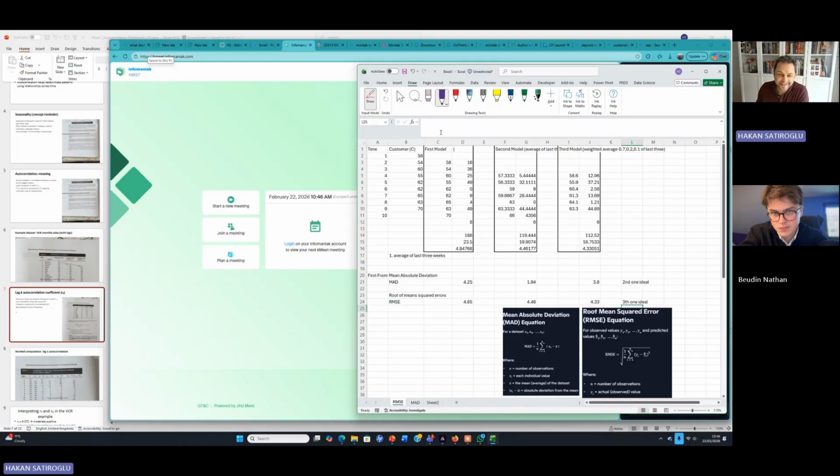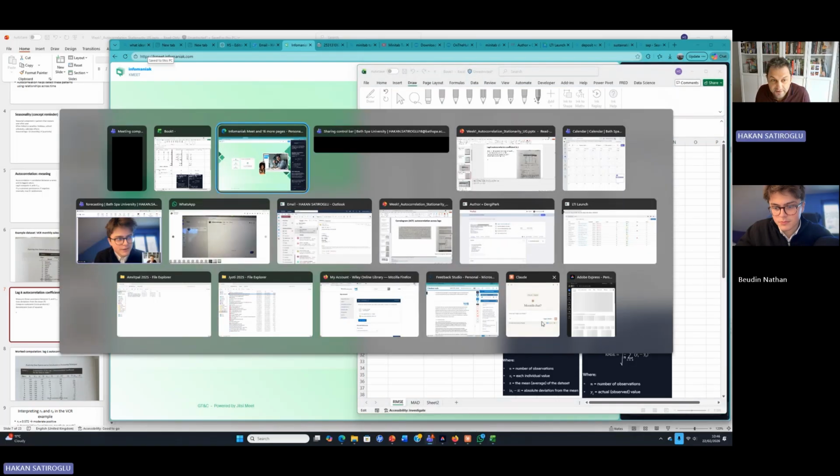We are applying the formulation, and that's what we have. Also, we have other stuff as well. Before jumping to the next one, MAPE. Let me bring that formulation as well.